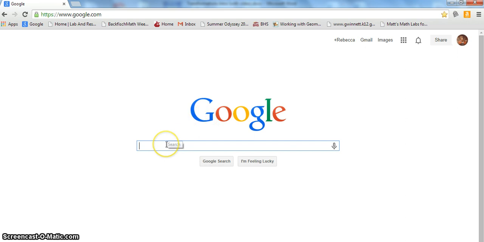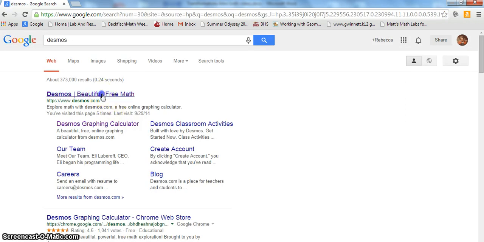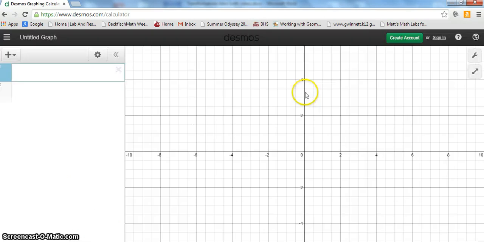So what you're going to do is first go to open another screen so that you can pull up Desmos. Desmos is a website that has a lot of different things, but one of the things it has is a graphing calculator that is very convenient. You're going to hit launch calculator like I just did there, and then you can type your function in right here.